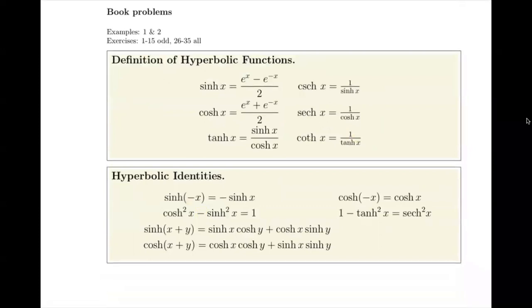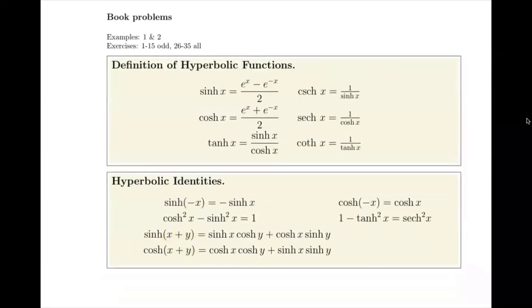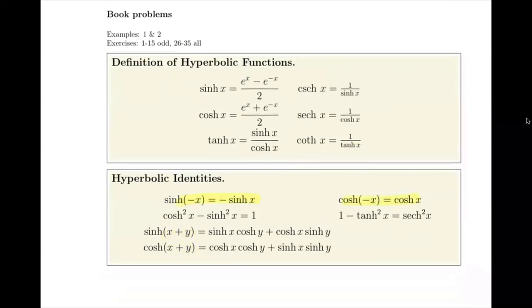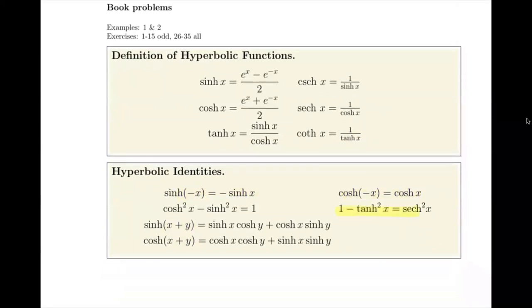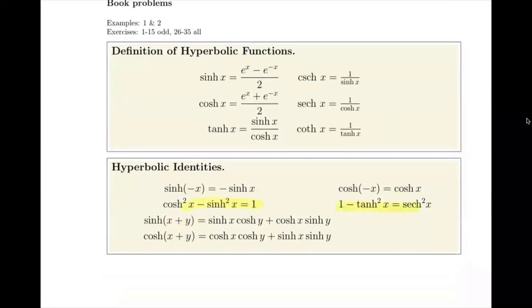At times this sum formula might be helpful for us. And this is an even and odd property of hyperbolic sine and hyperbolic cosine. And lastly, another kind of pseudo analog of the Pythagorean theorem.